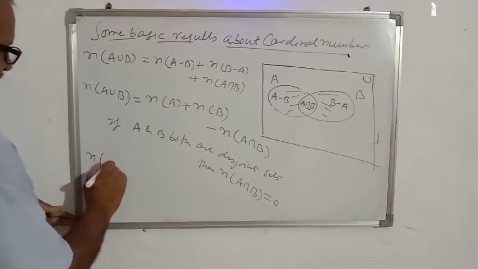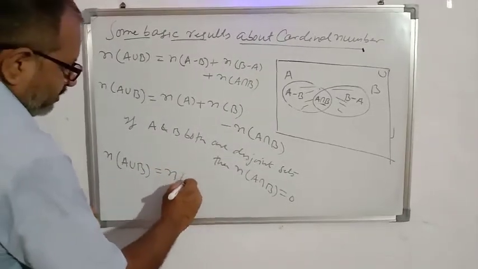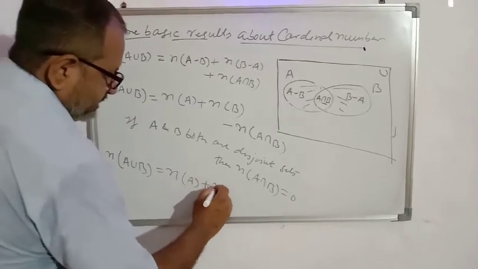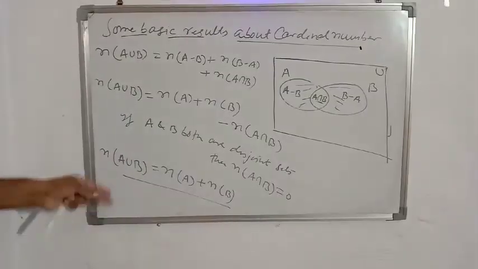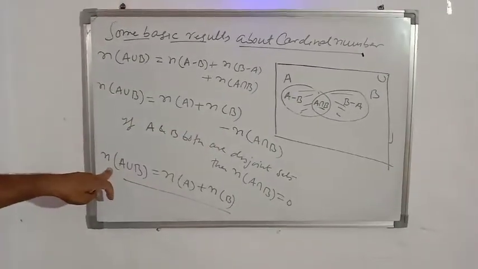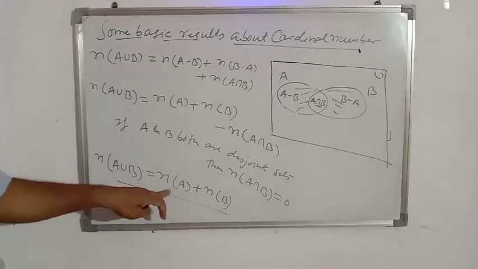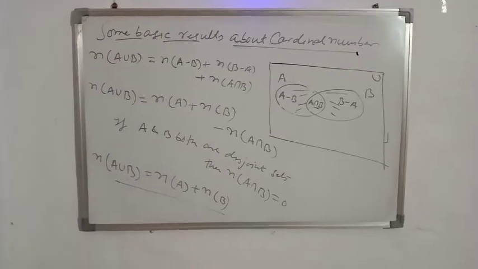So for that we can write n(A union B) is equal to only n(A) plus n(B). So for overlapping sets, we will write this formula. For disjoint sets, n(A union B) is equal to n(A) plus n(B). Some other formulas we can write.